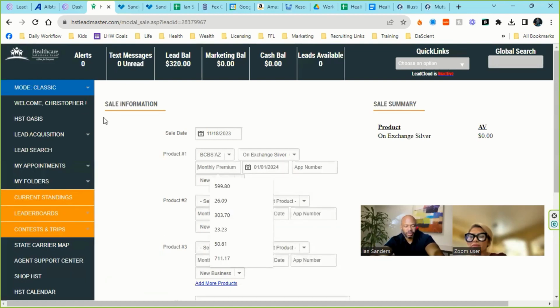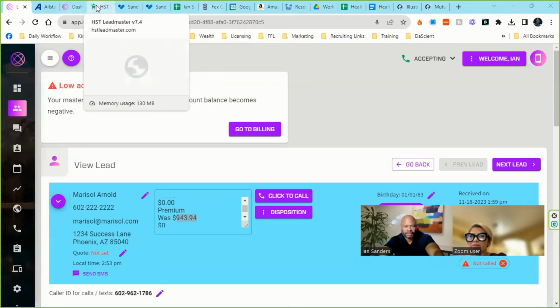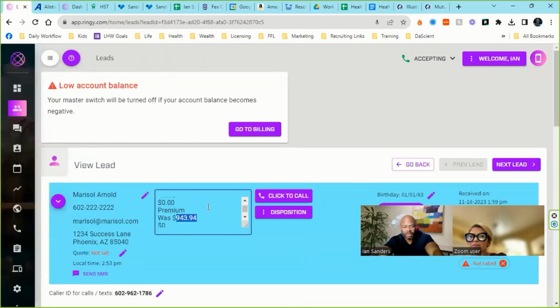The monthly premium again is going to be $943.94. There it is. So you'll want to put the monthly premium in here, and that's going to add it up automatically.